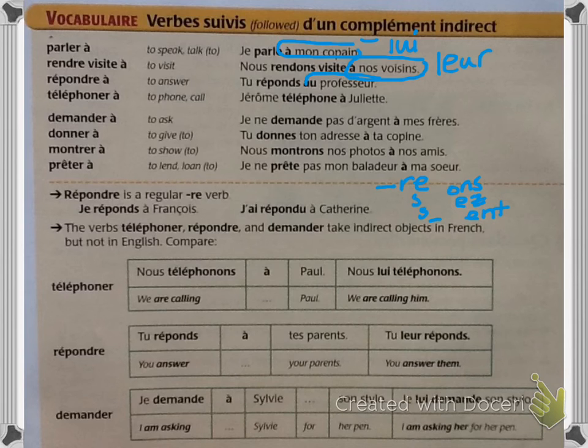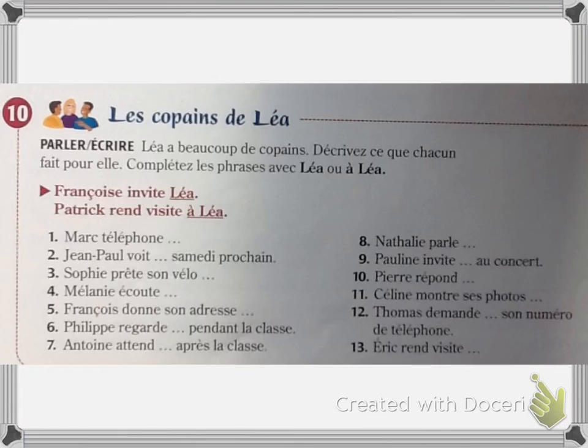If I didn't want to have au professeur in here, I'd use lui. Okay, so again, we only use these indirect object pronouns when we're replacing the nouns. Again, these are verbs to help you with, they use indirect objects.